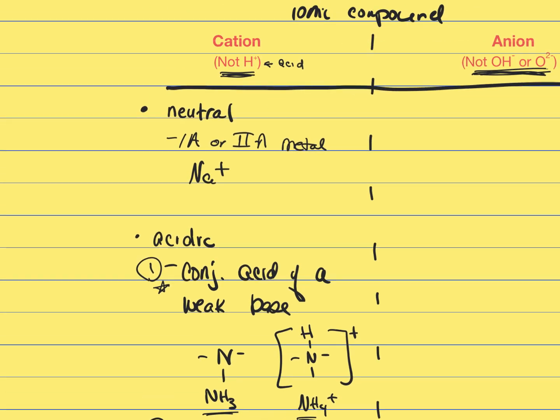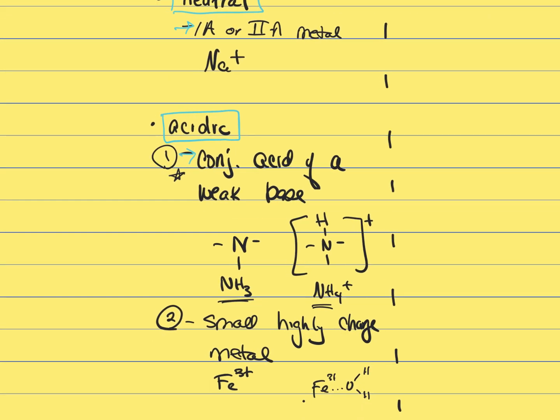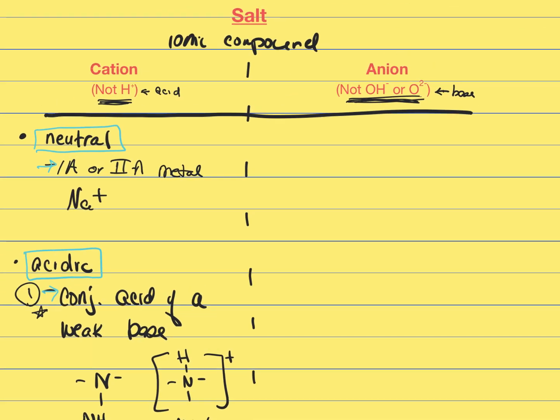All right, so what did we say here? We said that a cation is either going to be neutral or it's going to be acidic, and we have learned how to recognize that. All right, let's go over to the anion. The anion can either be neutral or it could be basic.